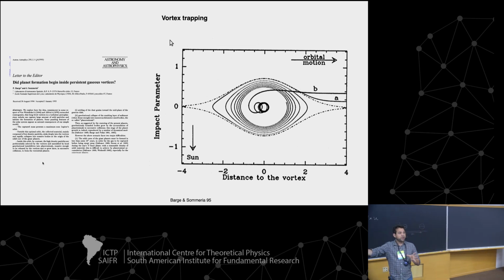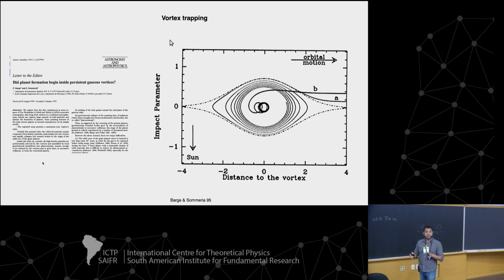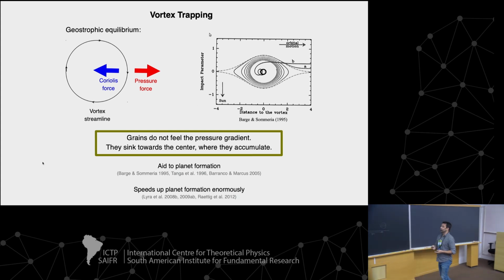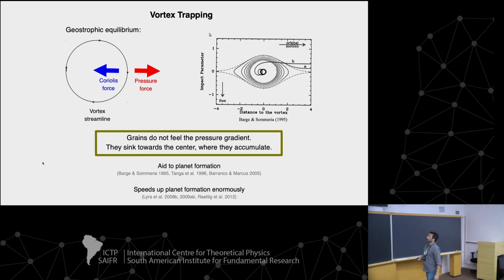You have the drift of the dust grains towards the star because they're suffering gas drag. In this case, the same thing is happening, except that in the center of the vortex there is no star to burn the dust grains up, so they just concentrate more and more. It's a very convenient effect that can raise the dust-to-gas ratio locally in an extreme way.